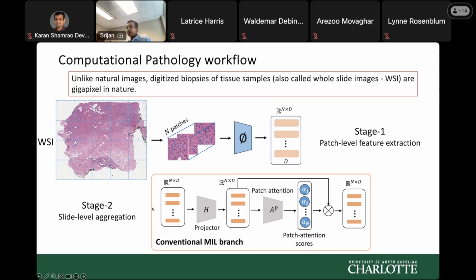That is what is done by multiple instance learning, where you take all the patches for a whole slide image, get the scores for each patch, and then do a weighted summation of the patches. This weighted summation is then classified into the slide levels that we are interested in. So this is how the generic computational pathology workflow works.